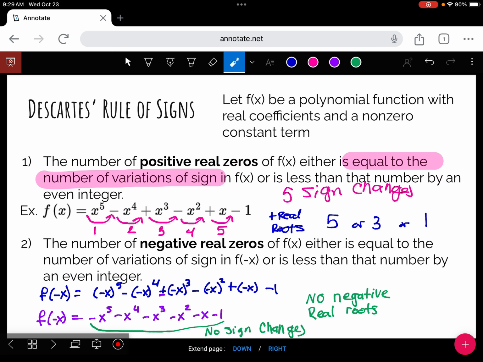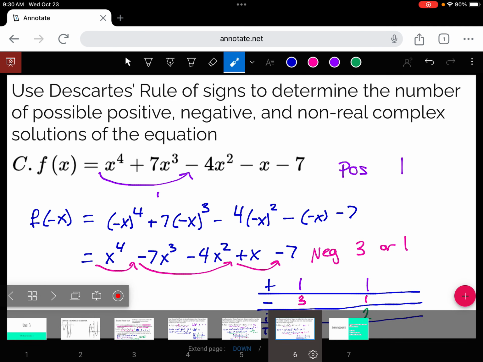So we subtract 2. So if we had 4 sign changes, it would be 4 or 2 or 0. So it's always going to be subtract 2 until we get down to 1 or 0. Every single time. And that's just one of those things we have to practice. Okay? Questions on that bit?